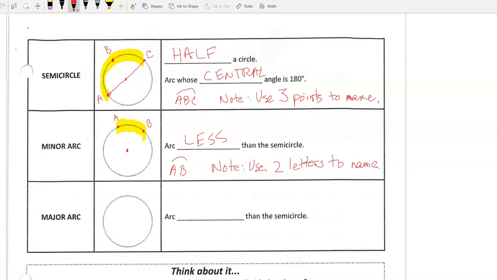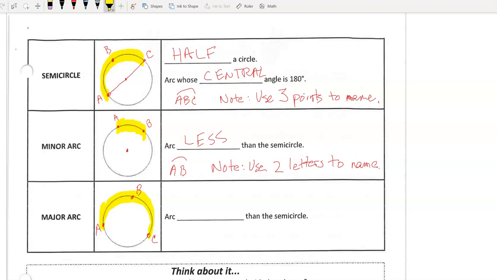Alright, then for a major arc, I'm going to pick 3 points on the circle again. So here's A, and here's B, and here's C, and then I'm going to highlight that. Normally we would just make it darker, but since I have the highlighter, I'm going to go ahead and use that.